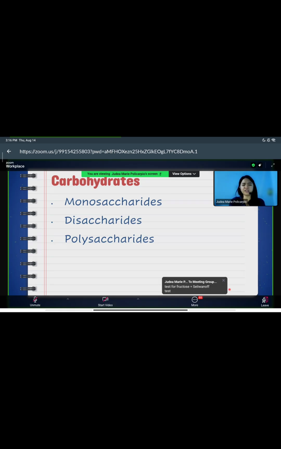Pero probably you're not hearing the word Seliwanov anymore kasi nowadays ang tawag na sa kanya ay resorcinol hydrochloric acid test. Ba't ka pala siya tinatawag na resorcinol hydrochloric acid test? Kasi yun yung reagent. Okay, ang reagent kasi ay si resorcinol combined with your hydrochloric acid. So instead of calling it the Seliwanov, they ended up calling it the resorcinol hydrochloric acid na test or procedure. Okay, pero ingat kasi minsan tinatanong pa rin yung pangalan nung lumang method, especially sa AUBF, kaya you have to be familiar somehow with that.